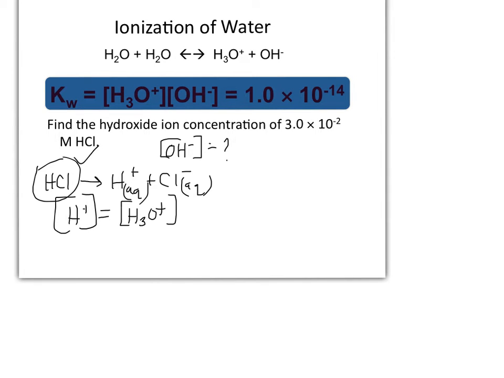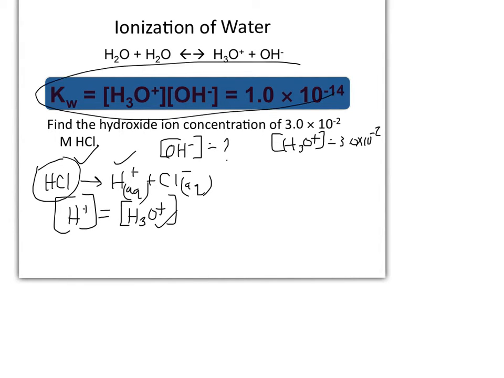If I know the concentration of HCl, I know the concentration of my H plus ion, and therefore my hydronium ion. So what am I going to do? I'm going to plug this into the equation up here and solve for my hydroxide ion.